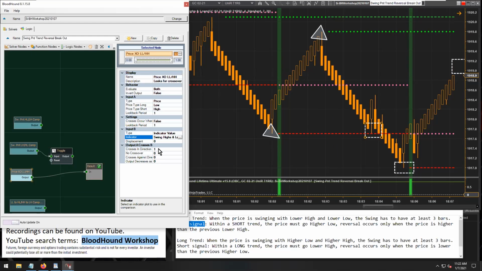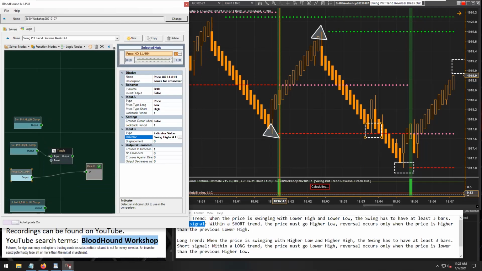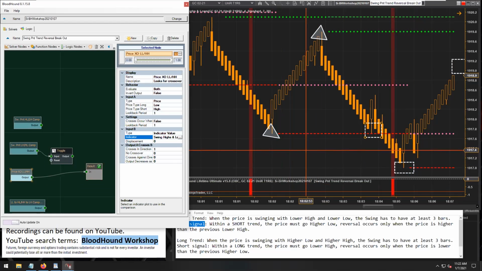And then one last thing that we need is, as we can see, price is crossing down over the red plot line here. But instead of complicating this thing, let's just reverse that.